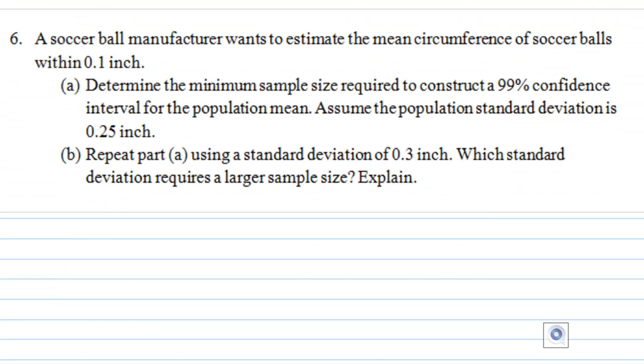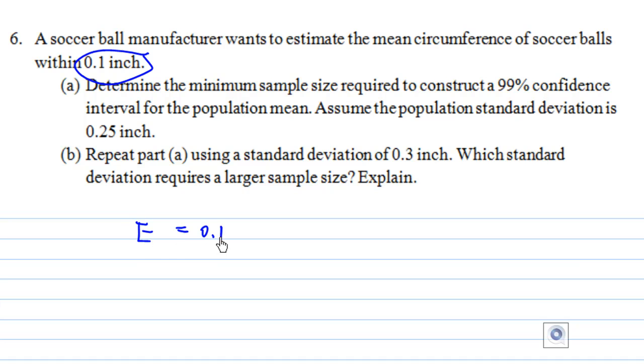Examine the question again. We are given that you want the error to be within 0.1 inches. So this is the error here, E, 0.1 inches. We want to find the sample size n.